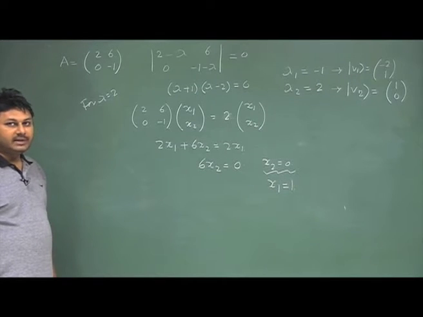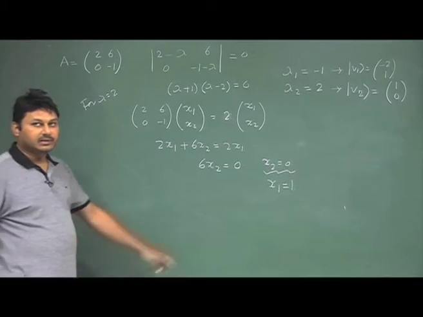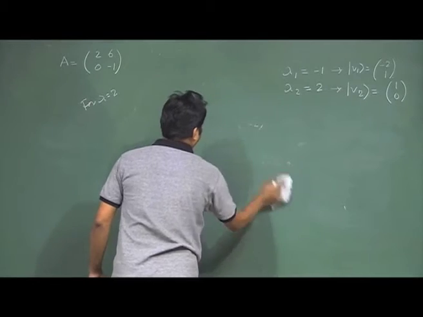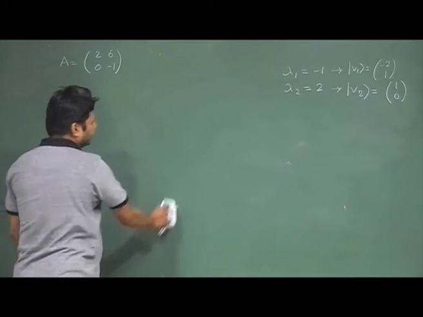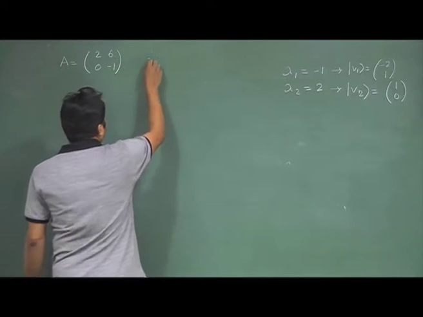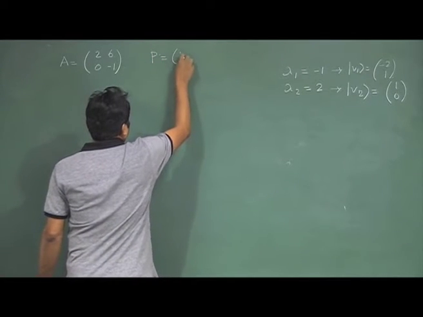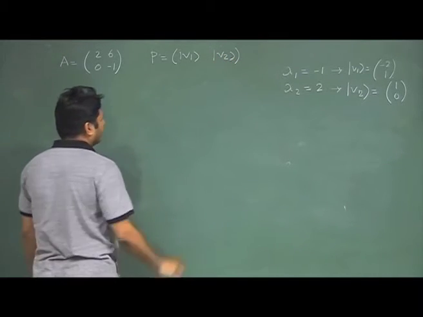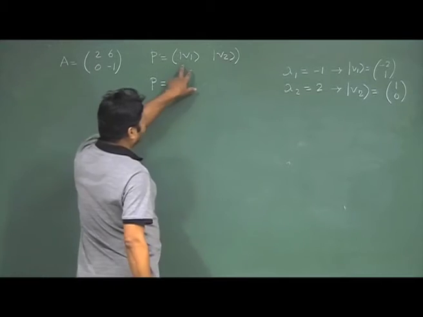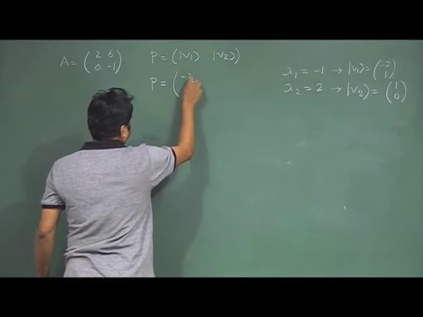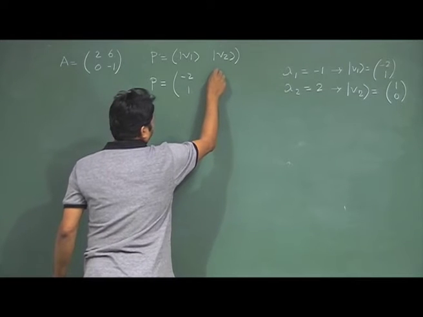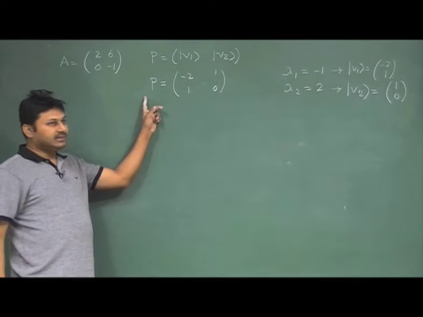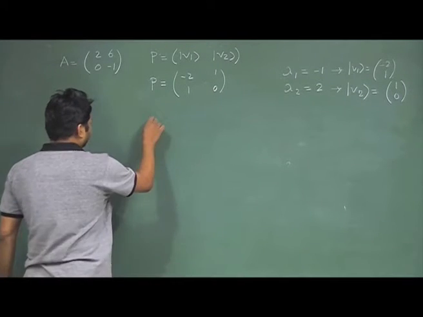Now after having these two eigenvectors, I can form my P matrix. What is the recipe to form the P matrix? The P matrix should be V1, V2. So here my P matrix has V1, which is minus 2, 1, and V2, which is 1, 0. So I can form my P matrix readily. The next thing is to form P inverse.